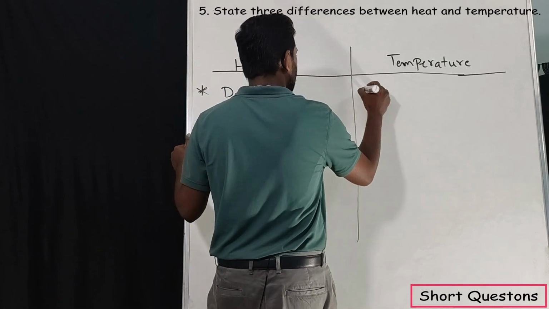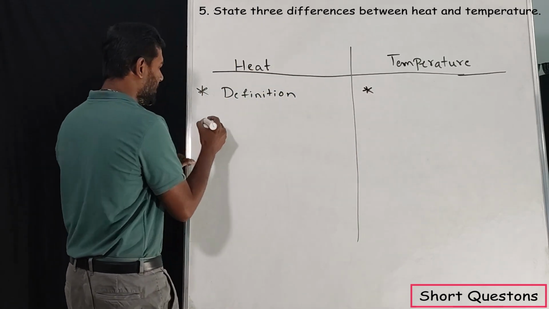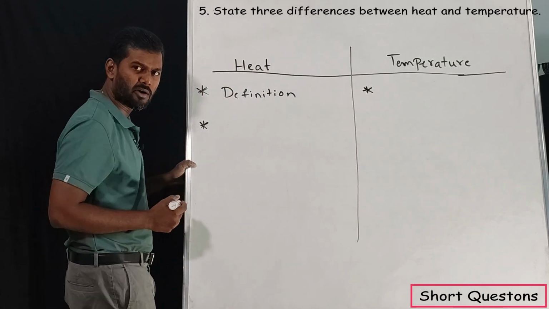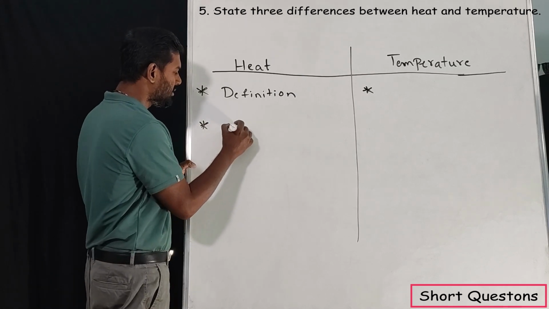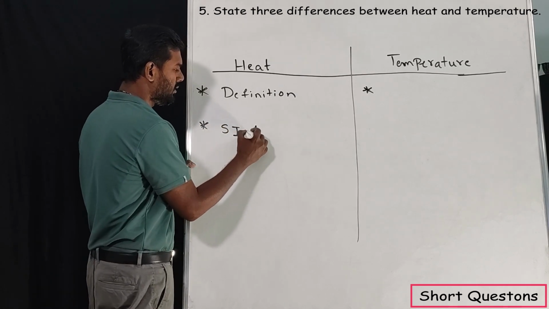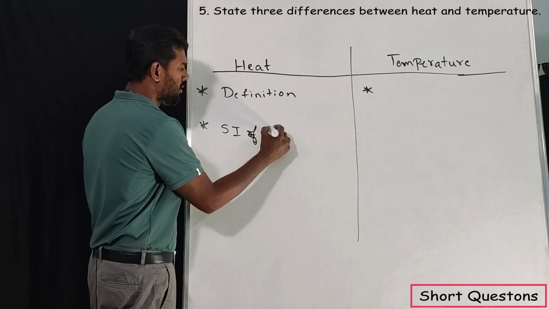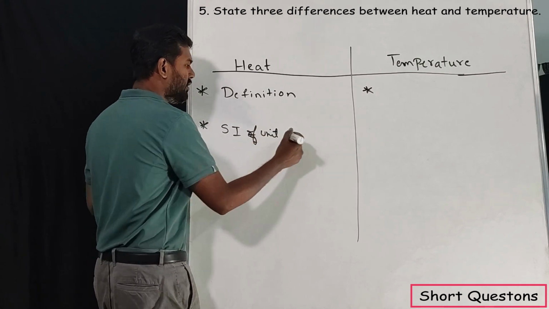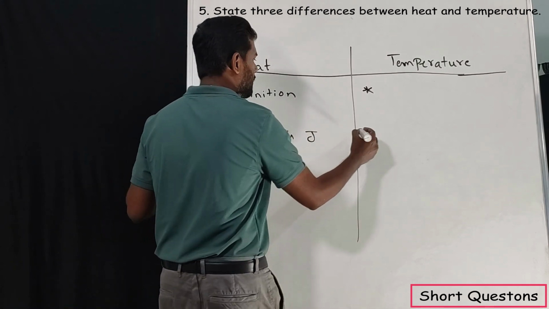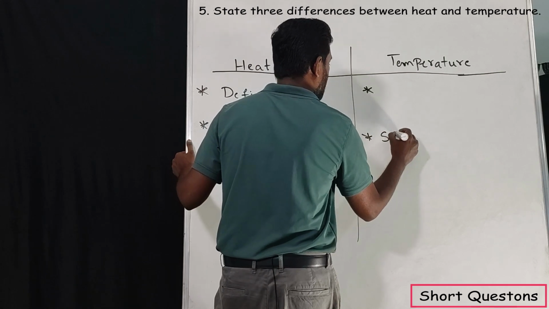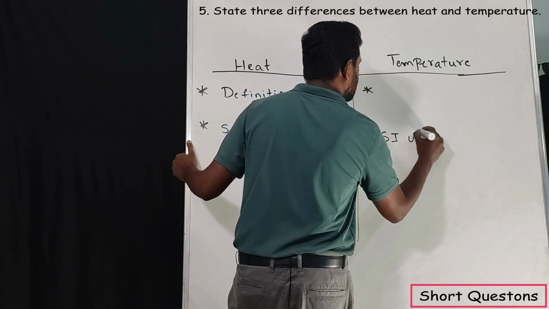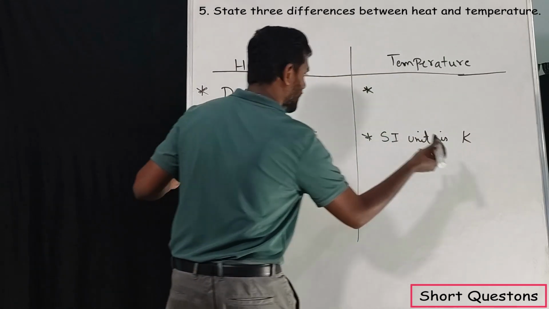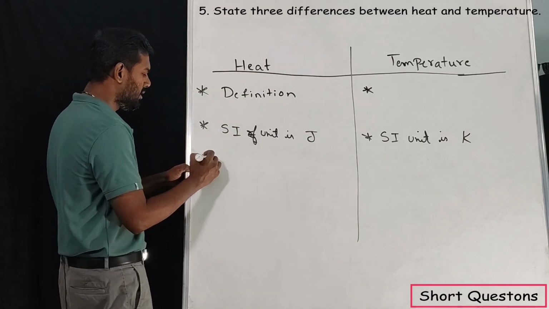Heat and temperature definitions. Second point: what is the SI unit of heat? The SI unit of heat is joules. Here, the SI unit is Kelvin, capital K. K should be capital.